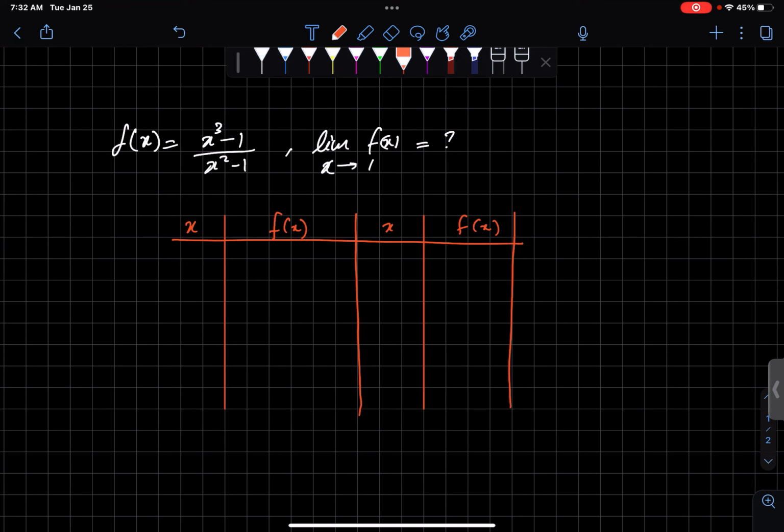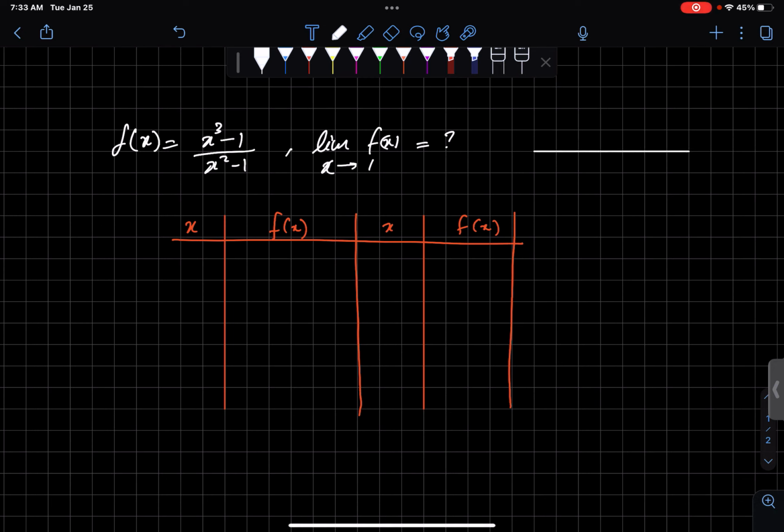Okay, so let's say we're approaching x equals 1 from the left hand side, right? Let's just draw this number line.